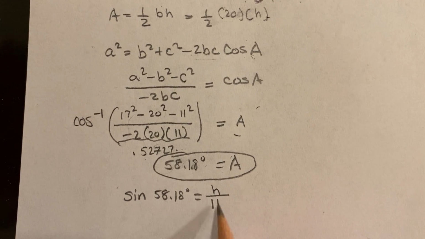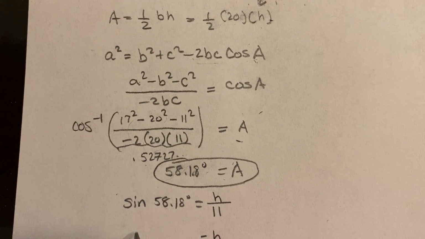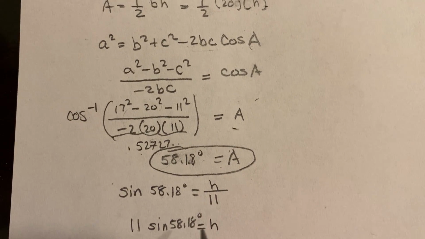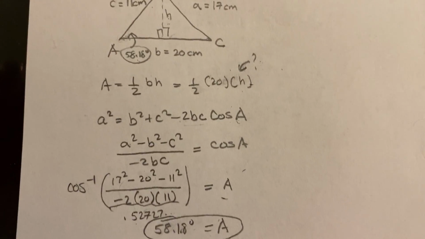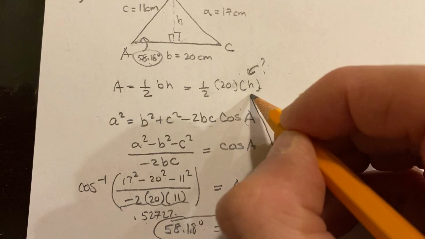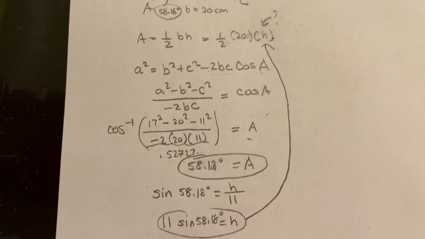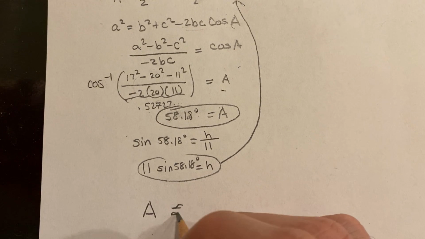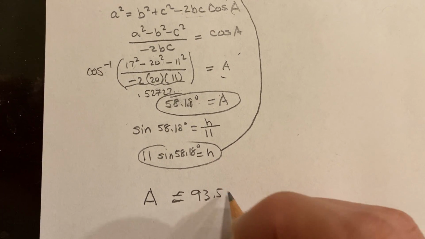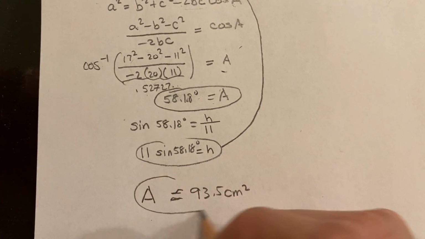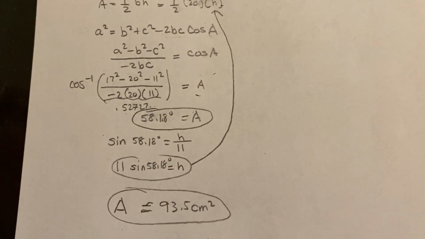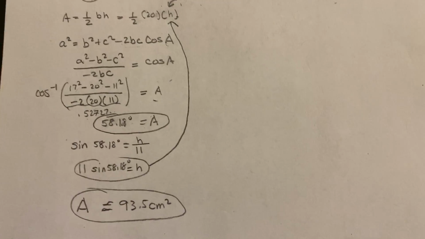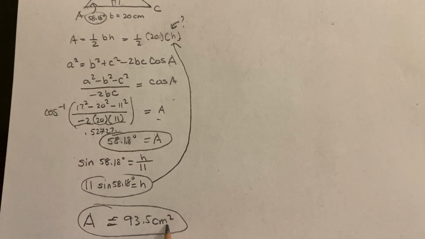So now that you have the height, h is 11 sine 58.18. You take this value right here and then you plug it in. Your final area when you do that is going to be approximately 93.5 cm squared. All area units are going to be in units squared. In this case, they gave us the units, which is centimeters squared.